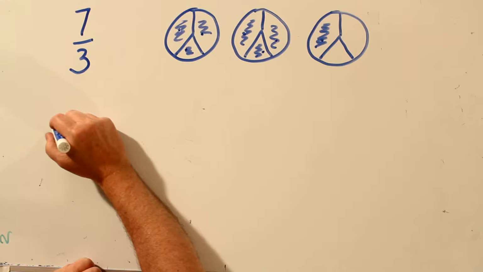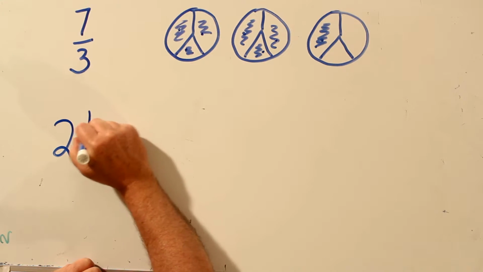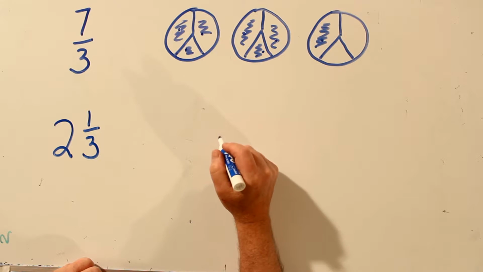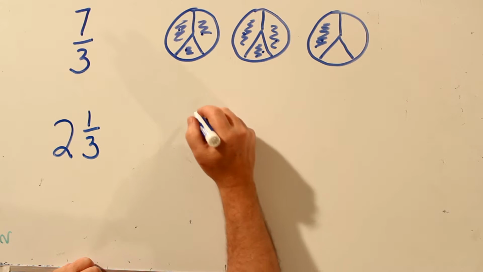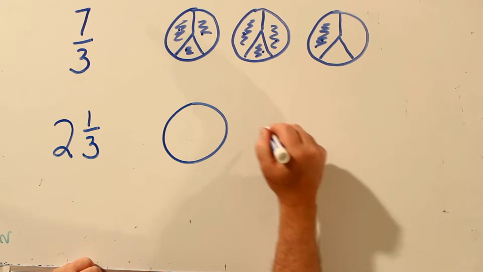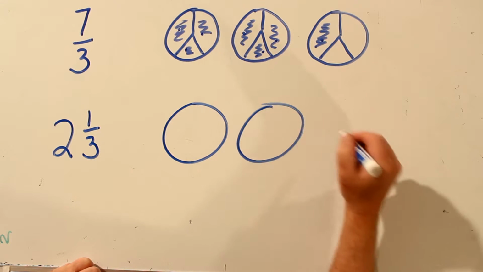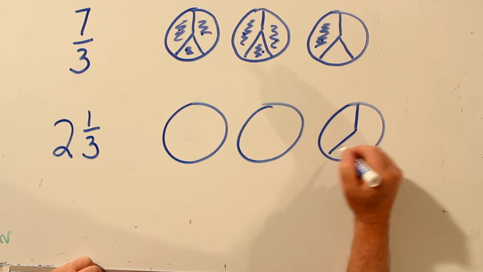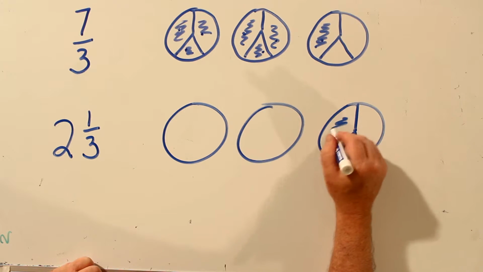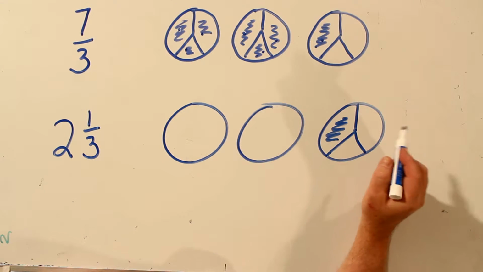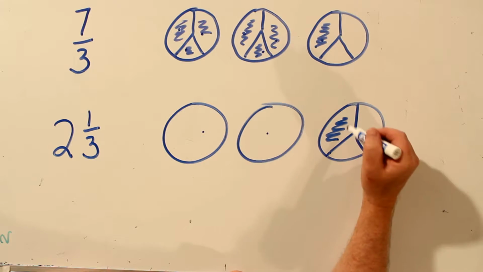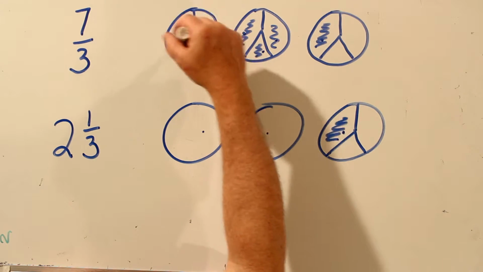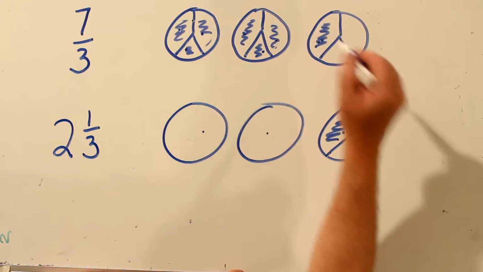What if we said we had 2 and 1/3? Well, that would look like this. 1, 2, and 1/3 of another. So here we have 1, 2, and 1/3.